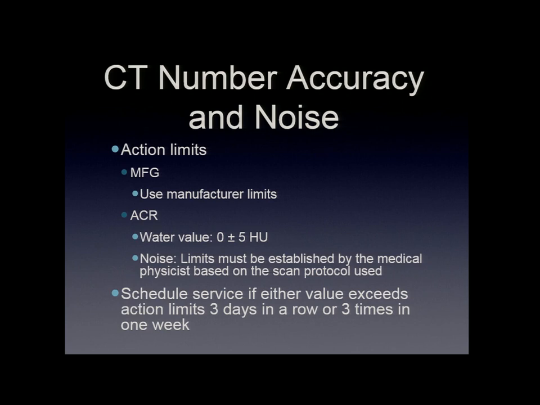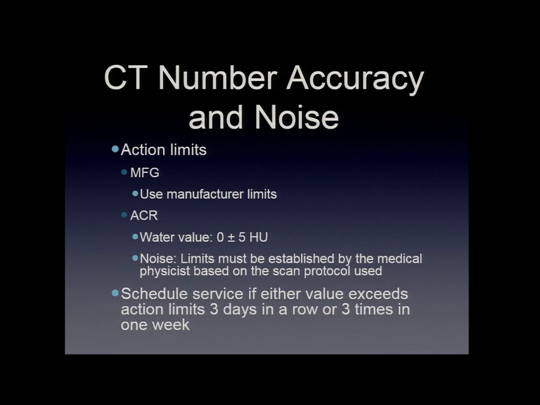As far as the noise, there are no real limits. So usually as the physicist, we'll look at it, do some averages and things like that, and just try to keep it within and establish our own limits based on the scanner and our experience with that. But that's how we do it. We set it up with the site when we're there for our survey.